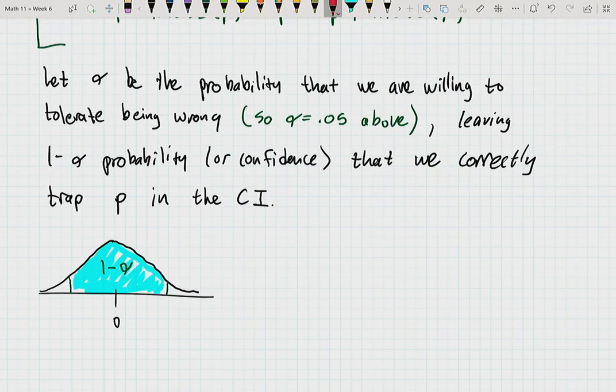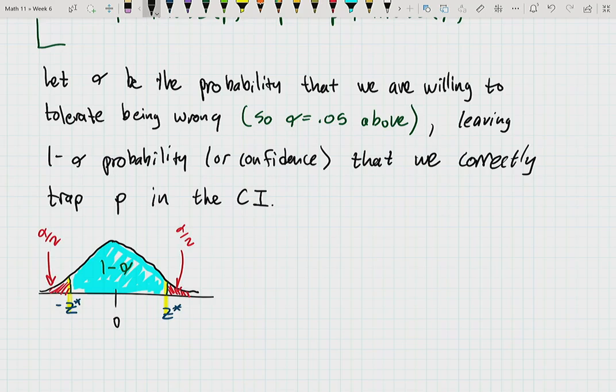But that still leaves a little bit on either end. So there will be alpha over 2 left over there, and alpha over 2 left on that side. But what are the two scores that go right here? I'm going to call them z star, and by symmetry, this one is negative z star.